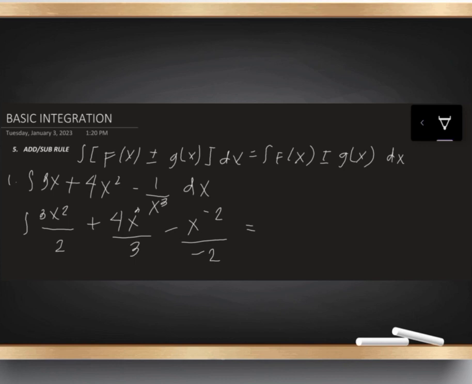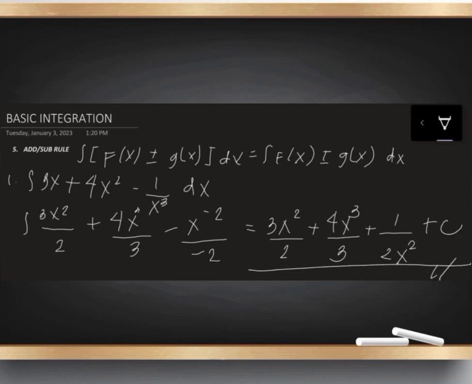This will give us 3x squared over 2 plus 4x cubed over 3, then plus, since negative times negative 2 is positive 2, so this will be plus. So we will now bring down x since it has a negative exponent, so this will give us 1 over 2x squared plus c. So this is the final answer.